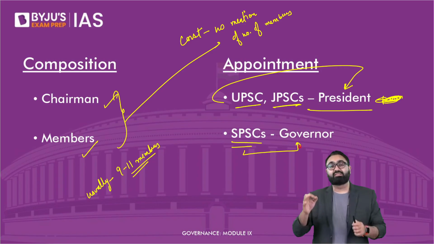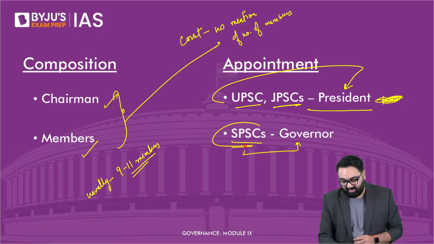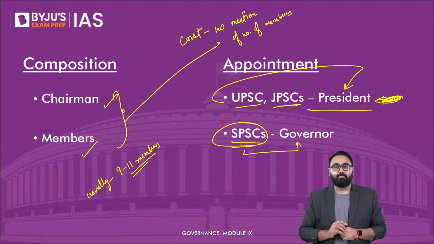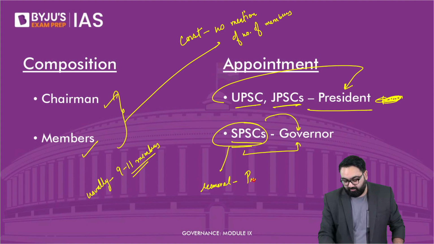But there is an exception to this. The exception is the State Public Service Commission. Why? Because their appointment is done by the governor, but their removal is done by the President of India.